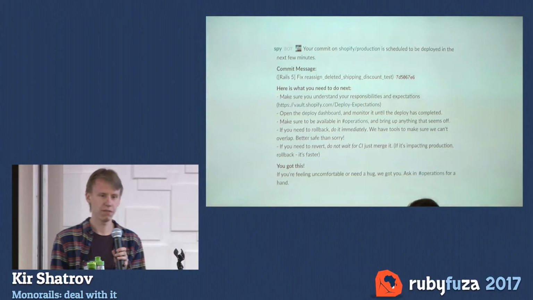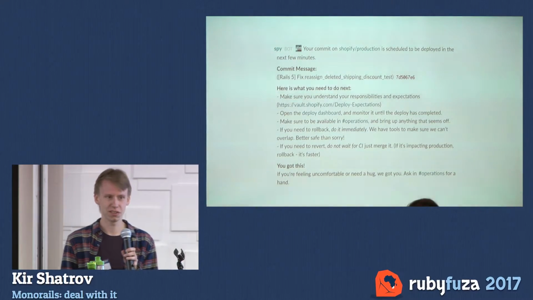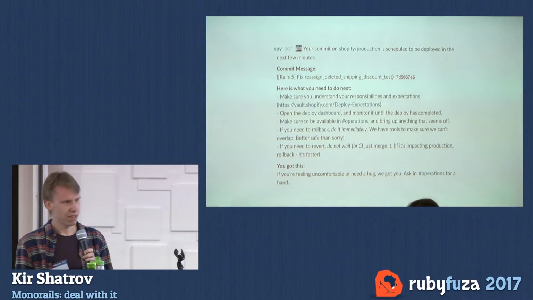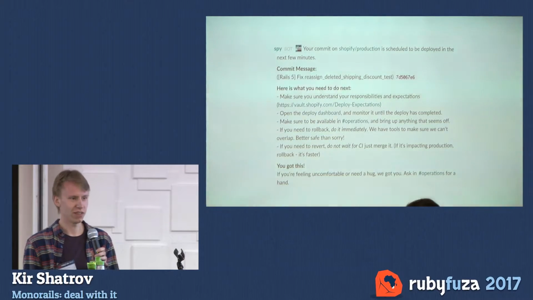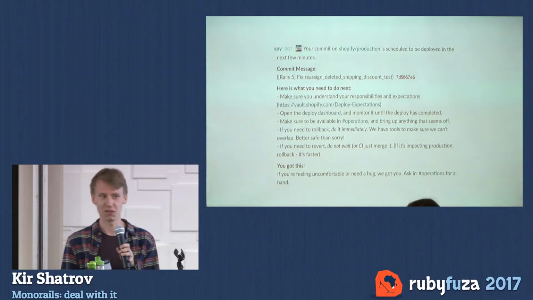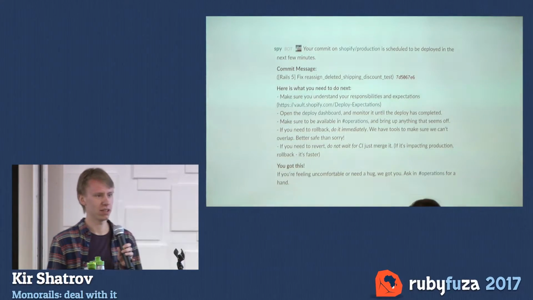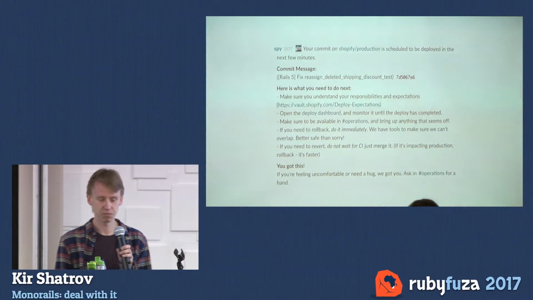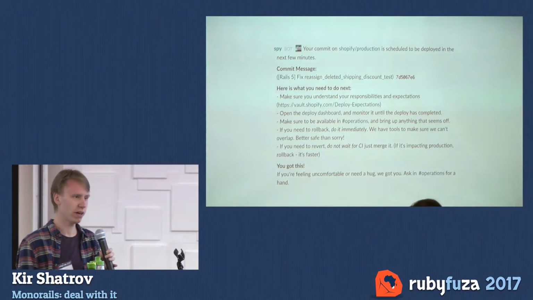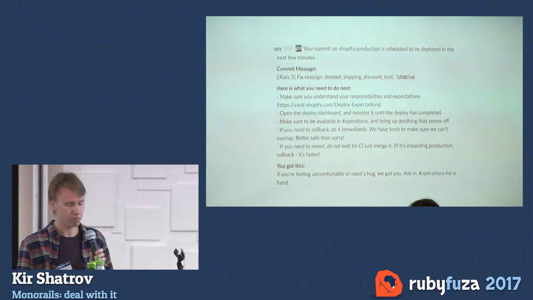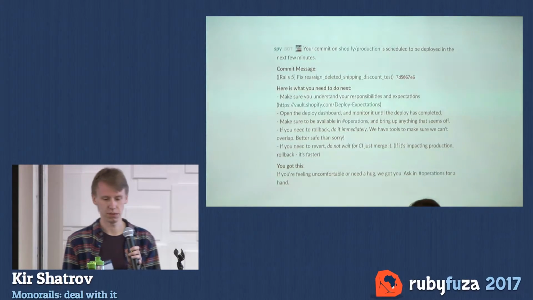And if the error rate goes to 1,000 errors per second right after your commit, probably you did something wrong. And we provide people with a very easy and quick way to roll back the changes. So they can roll back and revert the commit and let the next people deploy.